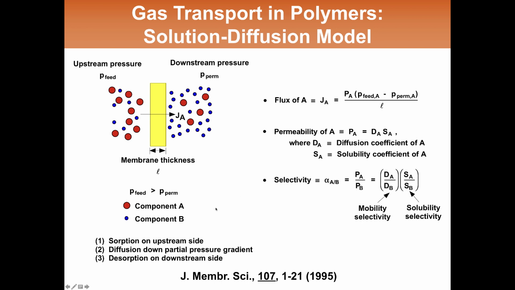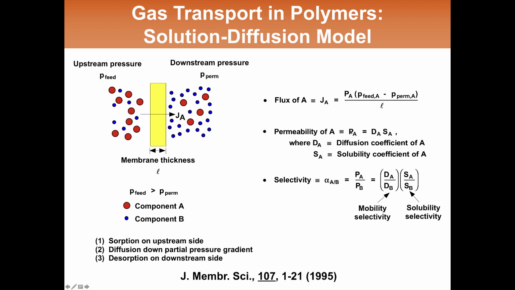Within the context of the solution diffusion model, we can write the permeability coefficient as a product of the diffusion coefficient of the gas through the polymer times the solubility coefficient of the gas in the polymer. And so one way of understanding this concept is that the permeability is essentially the pressure and thickness normalized flux.